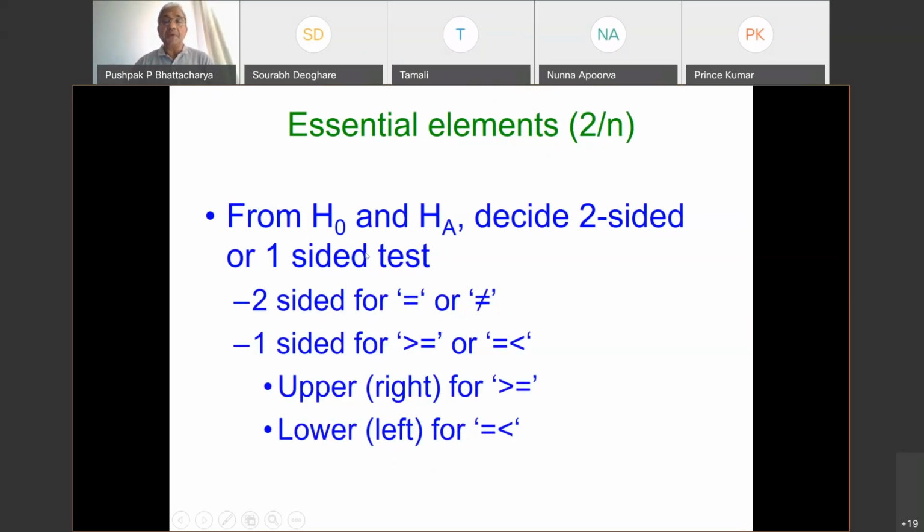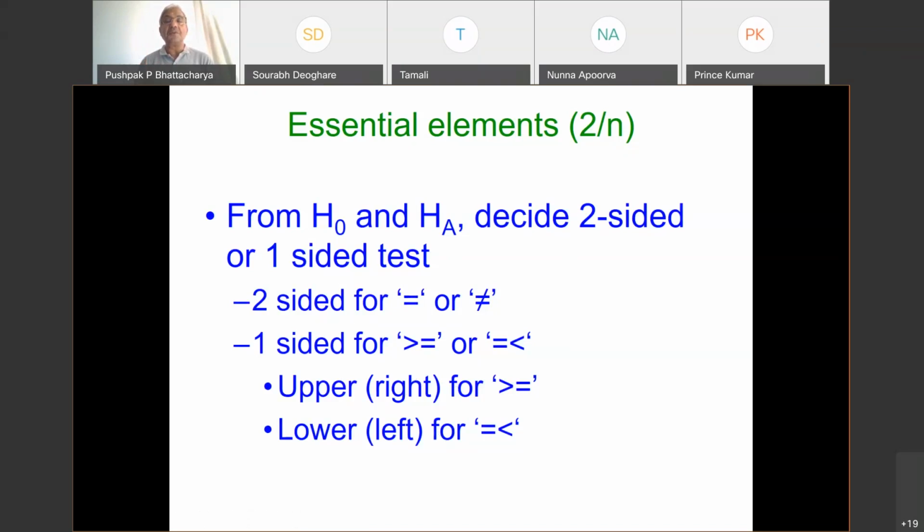The next decision we have to make is whether our testing is going to be two-sided or one-sided. Two-sided is typically used for an equal to test, and one-sided is used for greater than and less than tests. Normally, we relegate the greater than or less than decision into the alternate hypothesis.